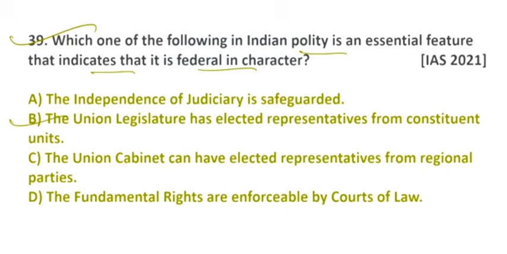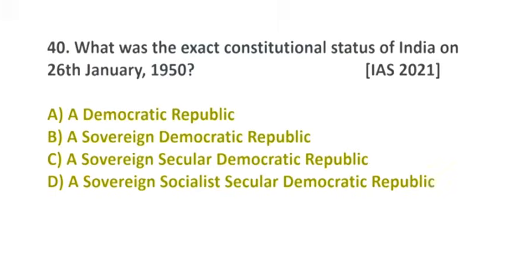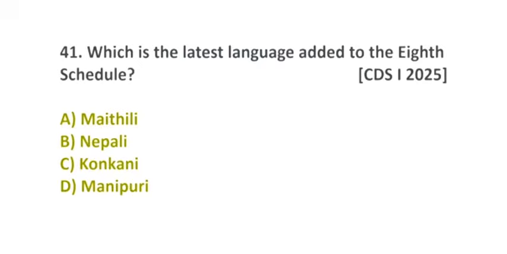Option number B, the Union Legislature has elected representatives from constituent units. 40. What was the exact constitutional status of India on 26th January 1950? Option number A is the correct answer, a sovereign democratic republic. 41. Which is the latest language added to the 8th schedule? Option number A, Maithili.